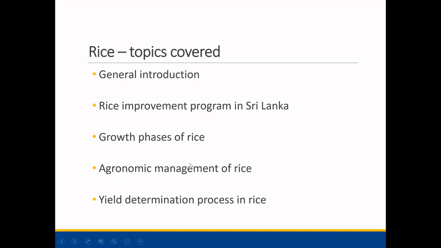And then finally, we will study the yield determination process: what are the factors controlling the yield of rice, and how we can intervene to improve or increase the yield. That's our ultimate target as scientists. These are the topics that will be covered in the coming lectures.